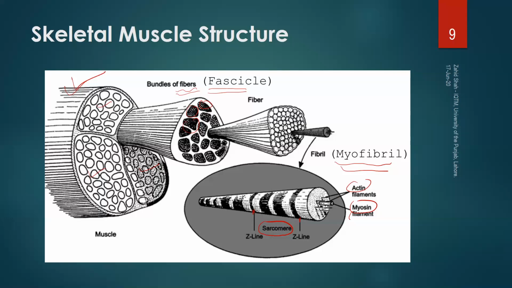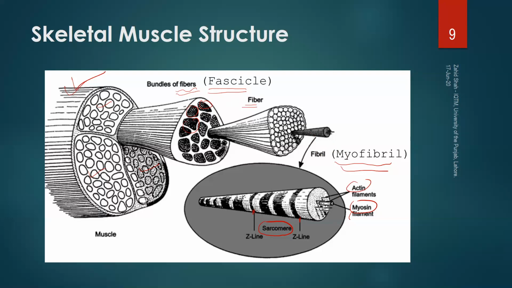As they contract, so do these myofibrils. Once a myofibril contracts, so do the fibers and finally the fascicles. So as a whole, your muscle contracts or relaxes, depending upon whether the actin and myosin are moving towards each other or away from each other. That is called the sliding filament theory.